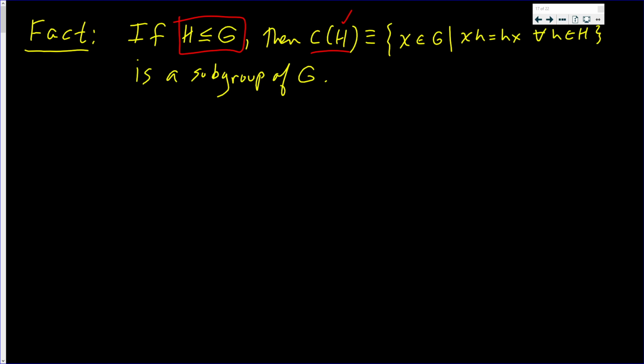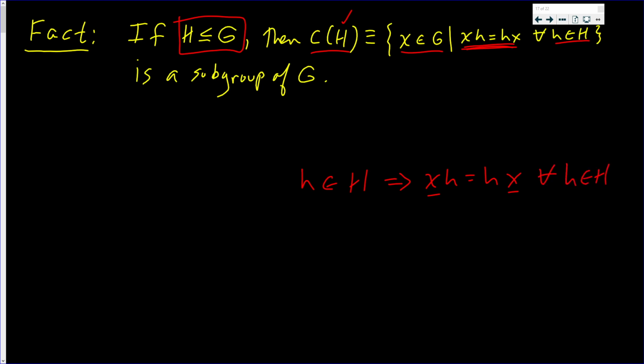C of H is defined to be all the elements in G that commute with every element in H. So if X is in this set, then XH equals HX for all H.